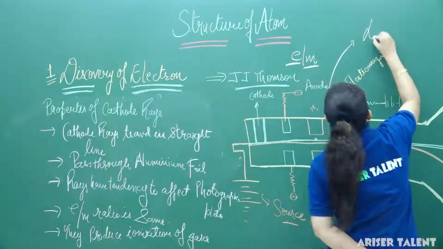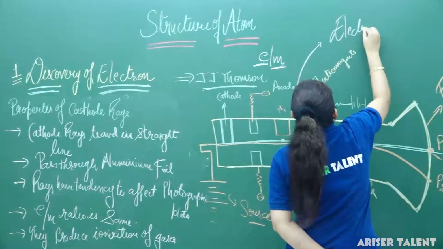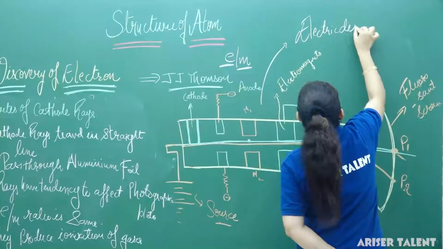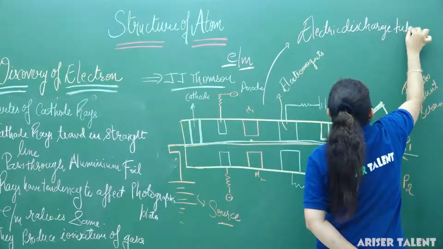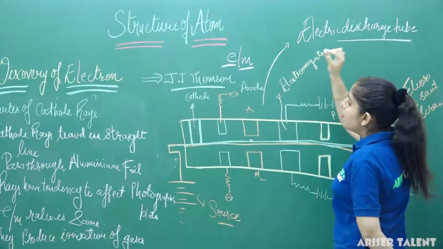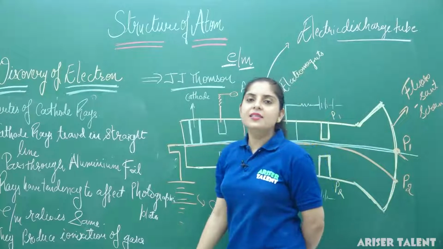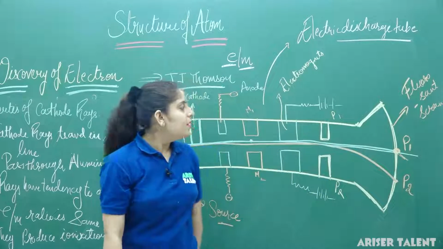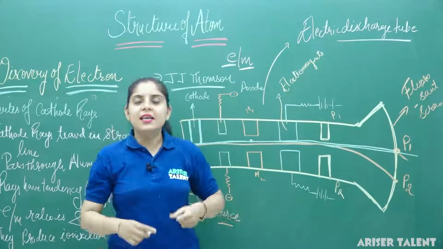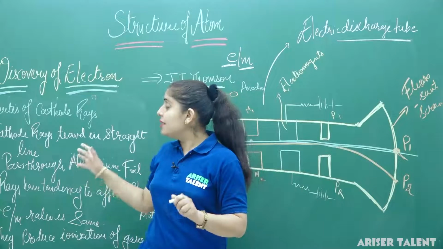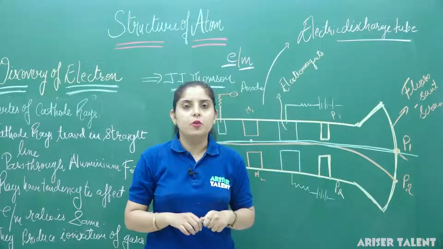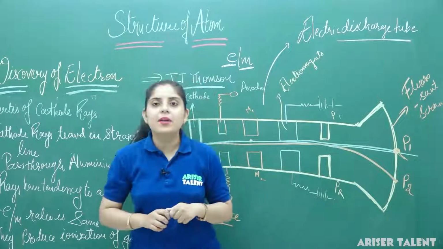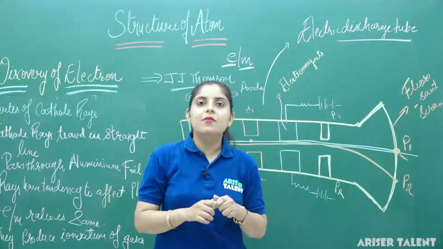This is the electric discharge tube used by J.J. Thomson for performing his experiment, and this is the experimental setup and the devices he has taken to conclude his experiment, and these are some of the properties that he has found after the discovery of cathode rays. So, just copy this part from here so we can proceed to the discovery of proton.